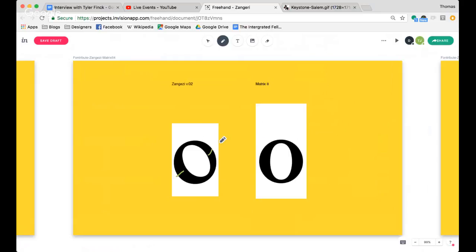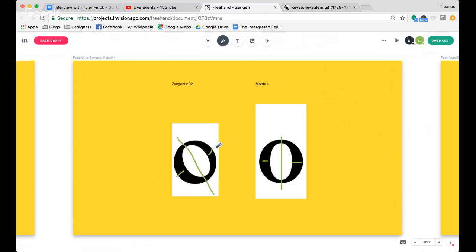There's a much stronger area on the left side than the right side over here, versus the symmetrical weight distribution on the heaviest part in Matrix. Another one is the stress. Notice where the thinnest parts are is in this angle, where if I direct it this way, basically a vertical stress in Matrix to a slanted angle stress in Zangezi. We're seeing those two points together. So those are probably the two most dramatic differences between them.